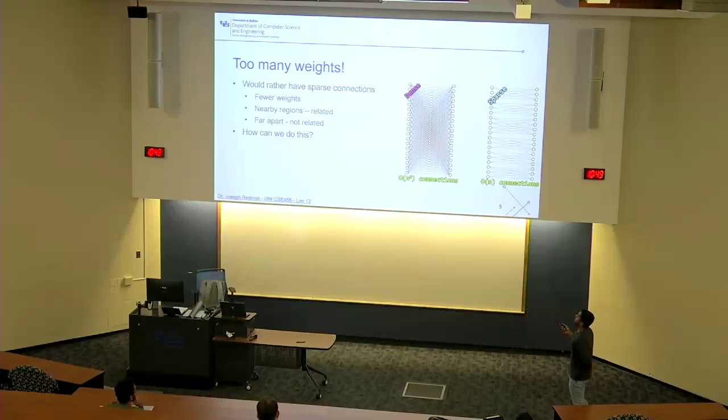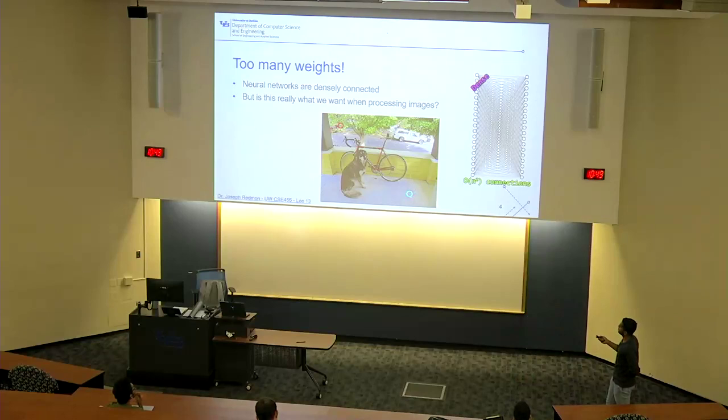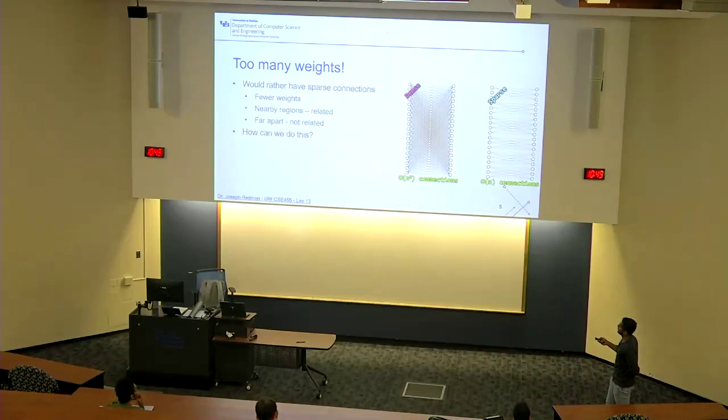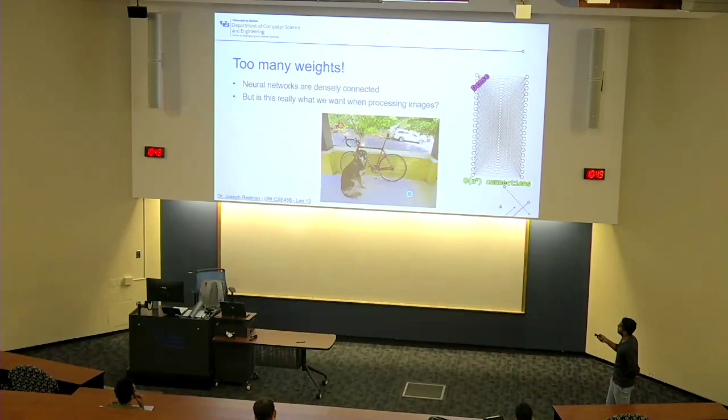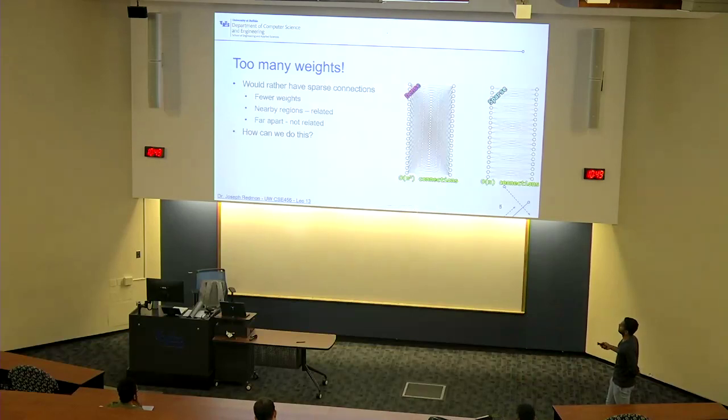So the problems that we've seen: we have way too many weights when everything is connected to everything else. So we would like to have fewer weights. We saw that nearby regions are related to each other, and regions that are far apart tend to be dissimilar.